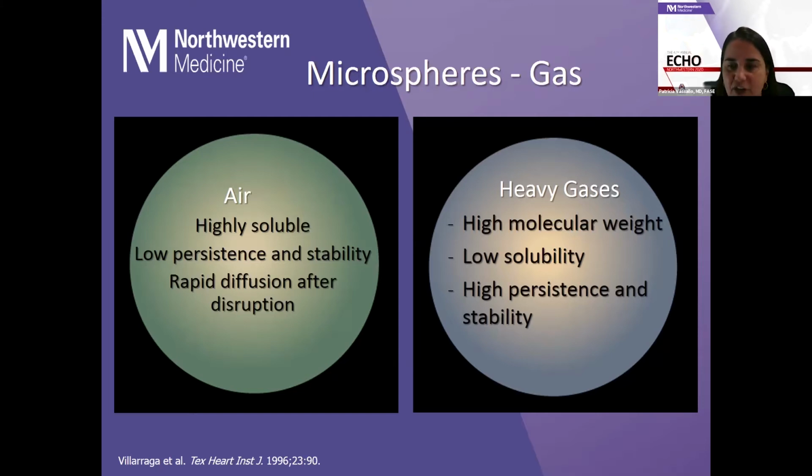But with these heavier gases, the ultrasound backscatter of the bubbles is exponentially related to the radii of the oscillation. And so if the bubbles start to shrink, there is less opacification. So that is why these ultrasound enhancing agents use the heavier gases.